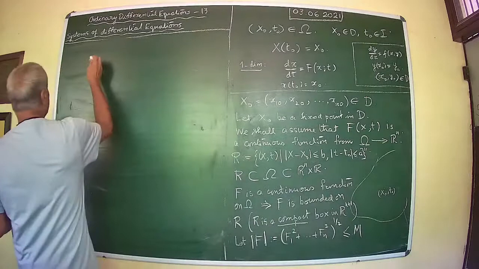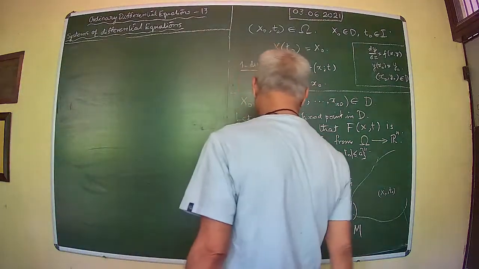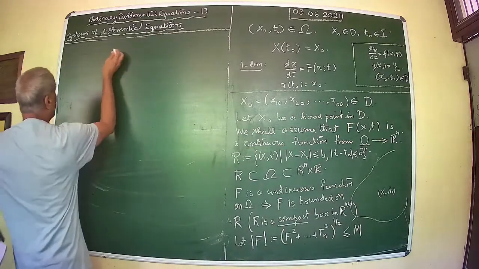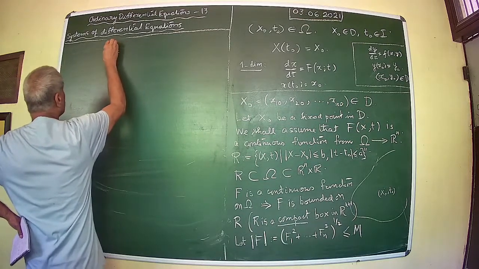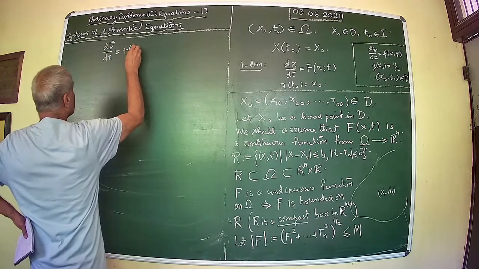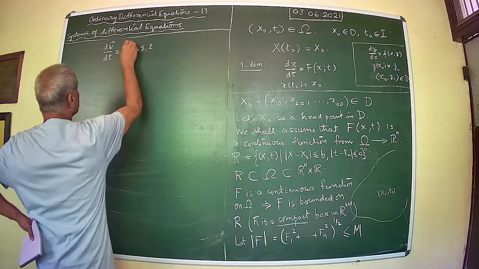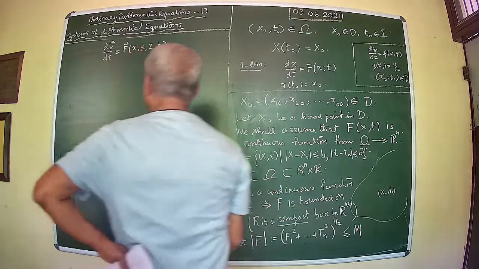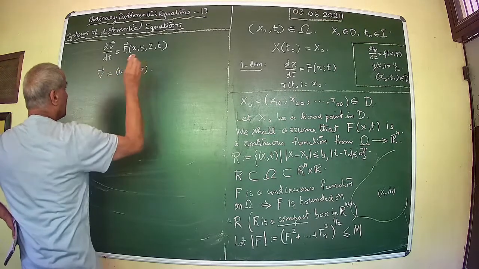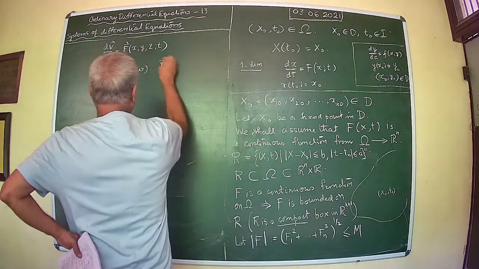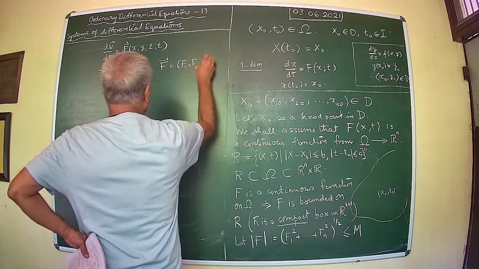Let us look at this dynamical problem, where V equal to W and F is equal to F1, F2, F3.